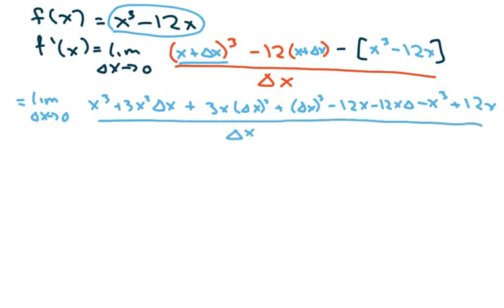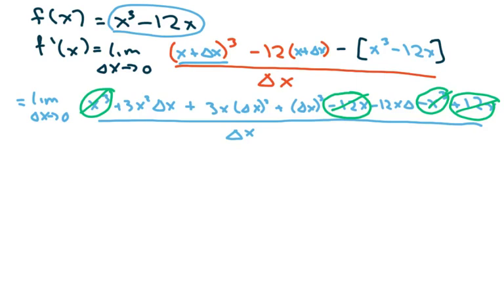Now we're going to go ahead and simplify on this line, and everything should cancel that does not have a delta x in it. For example, this does not have a delta x, and this zeroes out with this one. Alright? And these two do not have delta x's in them, and they zero out as well.